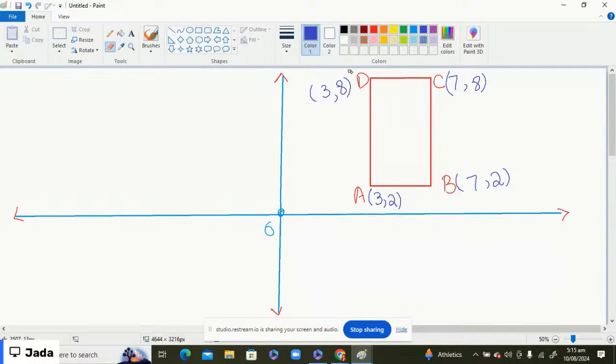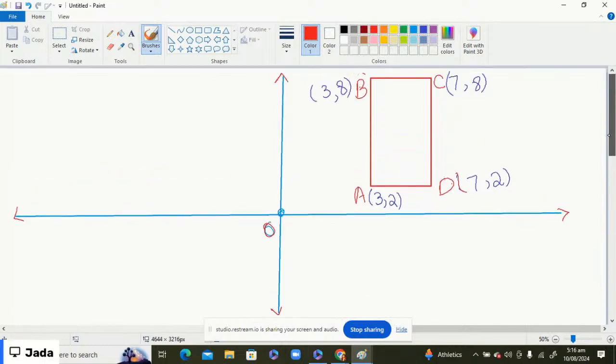So here it's A, B, C, and D. For example, this is your graph, and here is the origin of the graph, and then there is a rectangle. So how can we change it after rotating 180 degrees?